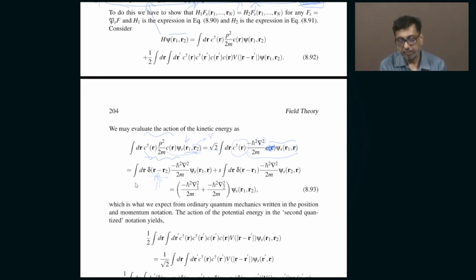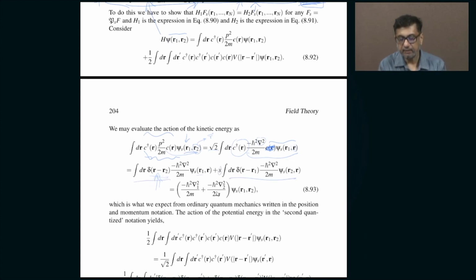Also, you have to keep in mind that you have to do this symmetrically. In other words, you have to remember how C dagger acts. It does not necessarily create the last coordinate; you have to permute all the coordinates finally, because you have to symmetrize the end result.